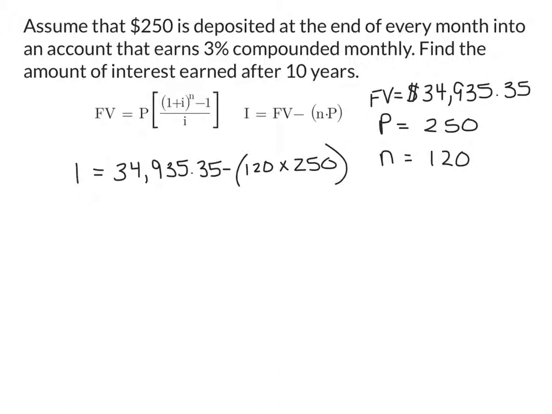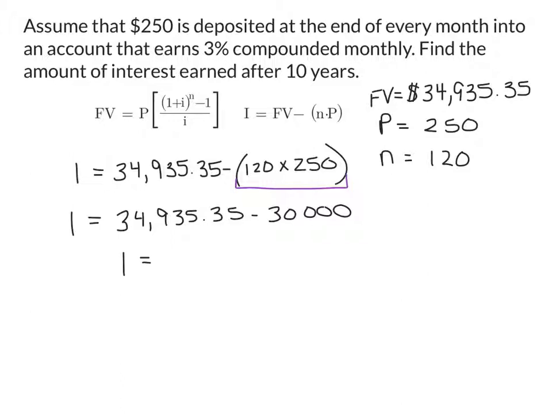First we'll work within parentheses, so 120 times 250 gives us a value of 30,000. Next, we'll subtract. So $34,935.35 minus 30,000 gives us an interest earned of $4,935.35. And that is our final answer.